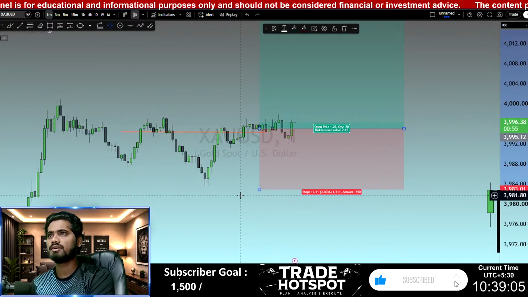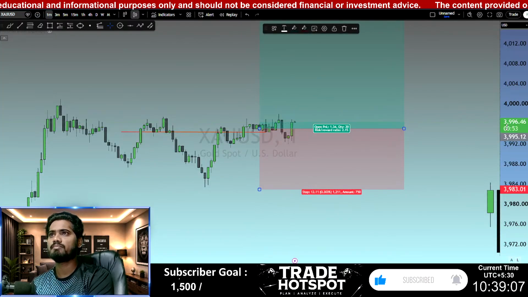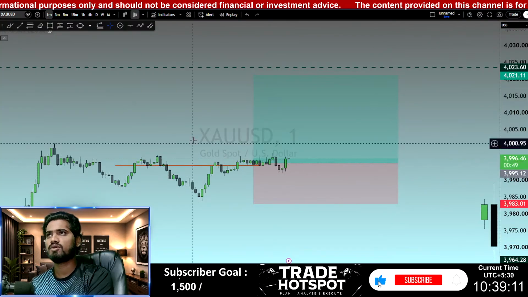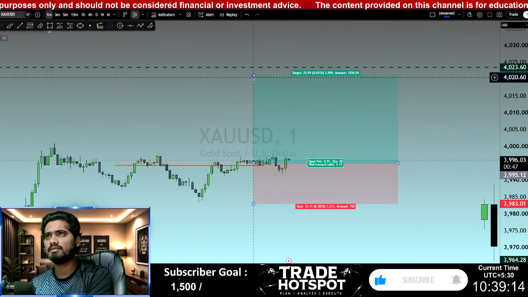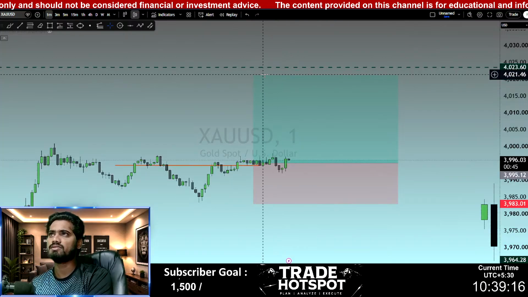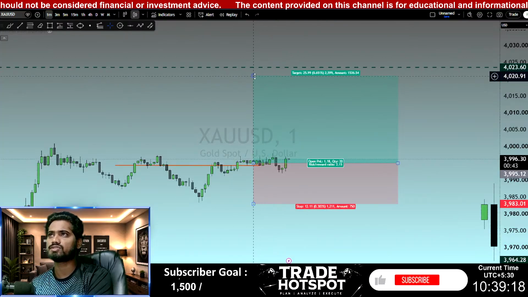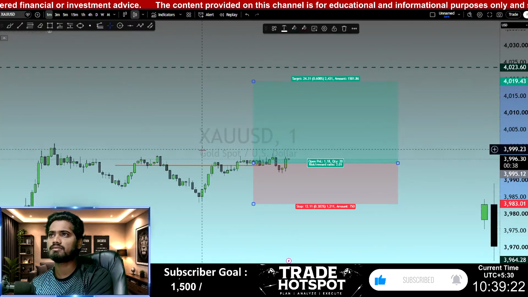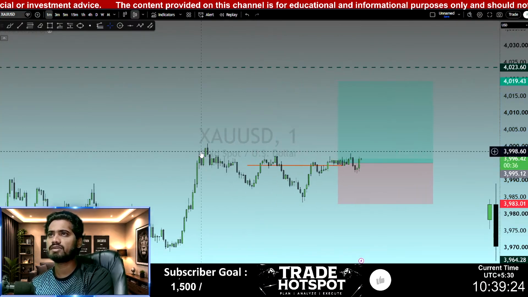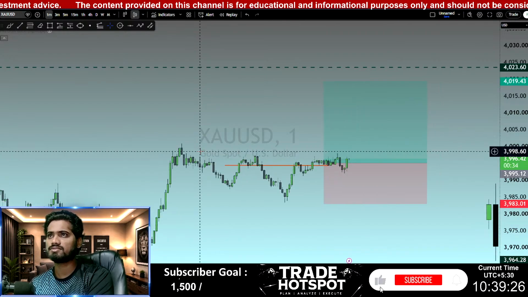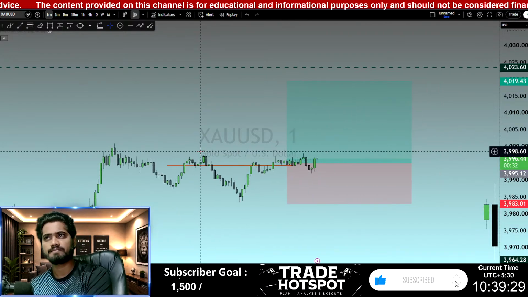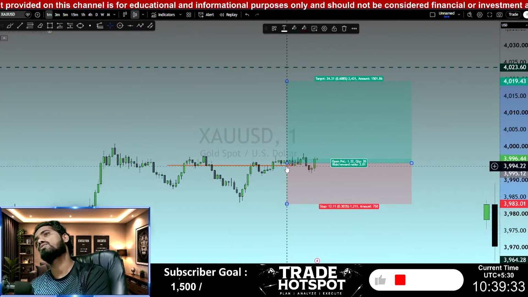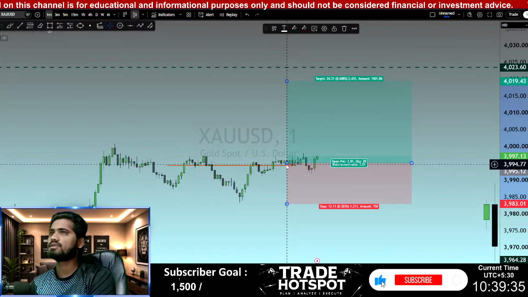It's a 120 pips stop loss, so you can take small quantities and try to target this level for a 1:2 ratio. I'm trying to take a trade here, but I can't see such great potential in this trade, so I ignore it. If you want to take a risk here, then you can, guys.